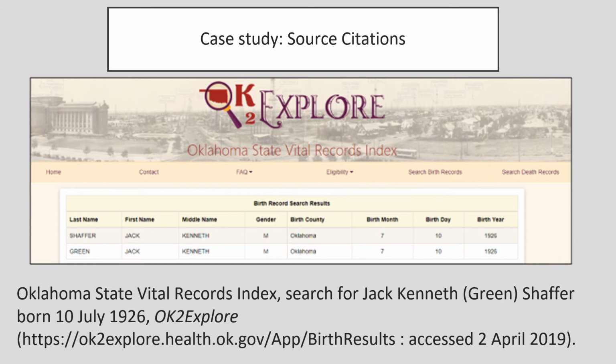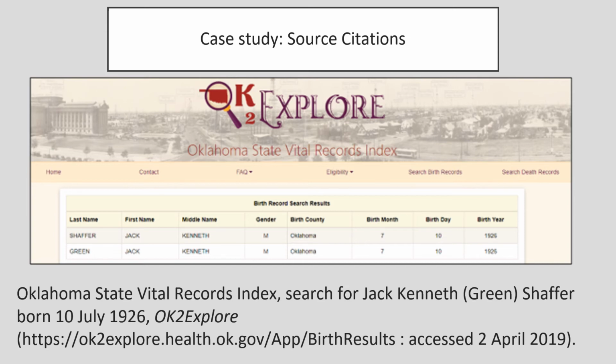So we have index records for Jack Kenneth Schaefer and Jack Kenneth Green, both born on the same day, 10 July 1926. So what I surmised was that the surname of Green was probably issued at birth and the surname of Schaefer in an amended certificate after adoption by Robert T. Schaefer.